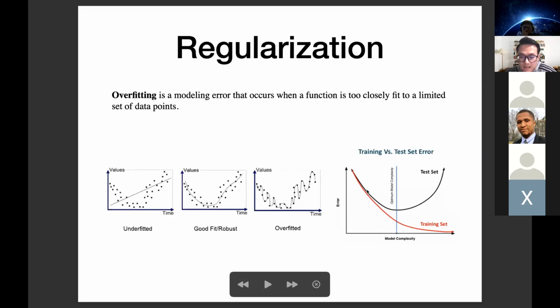In this curve figure, you can see the training and the test set. If your model complexity is very high, you can get good performance on your training data, but your test data performance is not guaranteed to improve. So if you get overfitting, you may need to decrease your model complexity a little bit. But it is also very tricky.